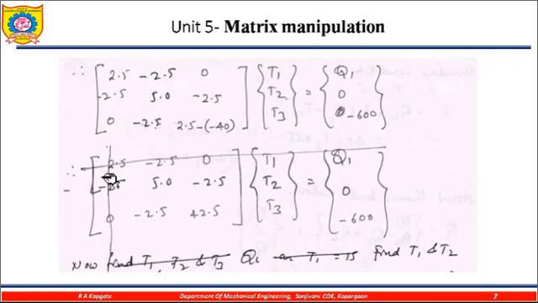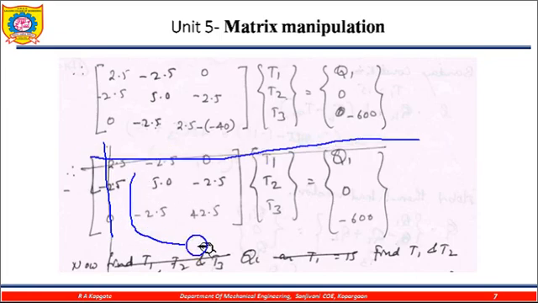So you observe here, 0 by 600 minus T1 minus 2.5, 0. So 0 minus this one T1, and 600 minus 0 T1, so that these terms remain. Here we have eliminated this term and this term, so these terms remain.